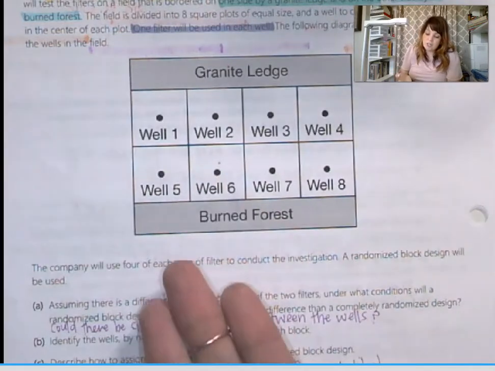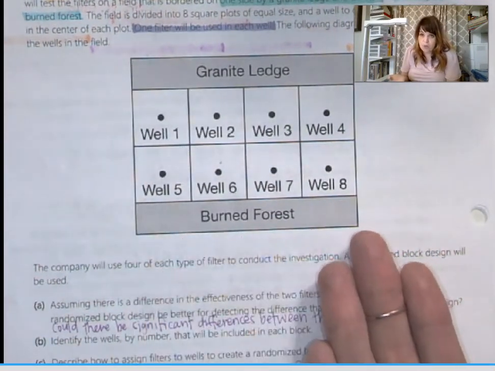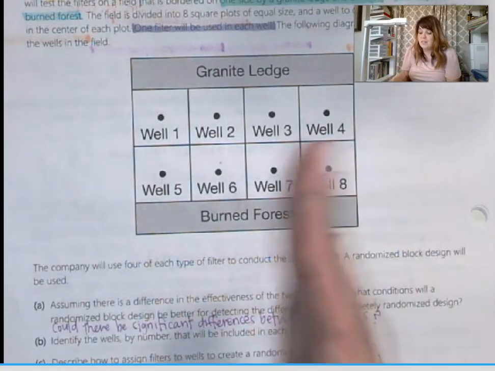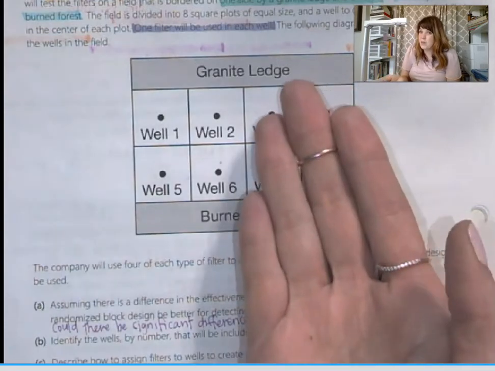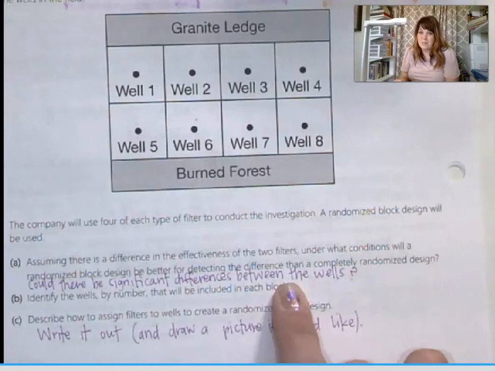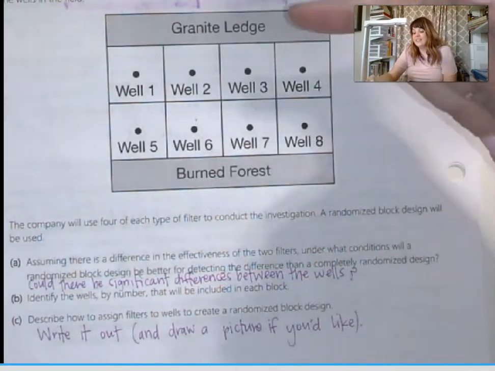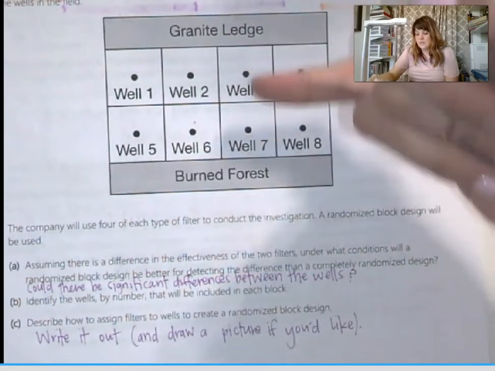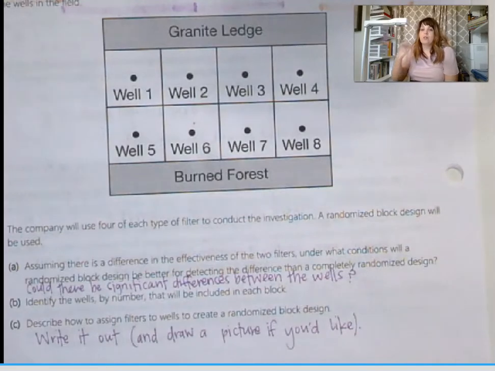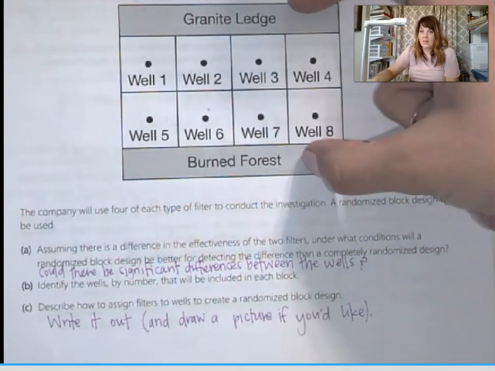I would imagine that the wells by the burned forest probably have worse water quality than the wells by the granite ledge. So could there be a significant difference between the wells? Yes, there is. That difference is what the well is next to. So we would want to block because there is a difference in the wells.